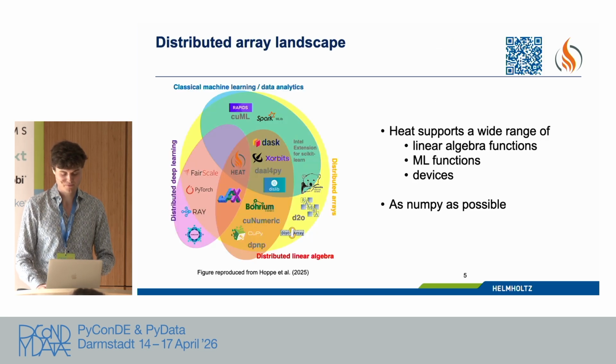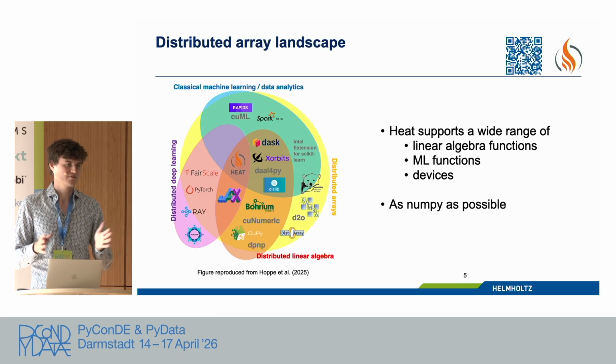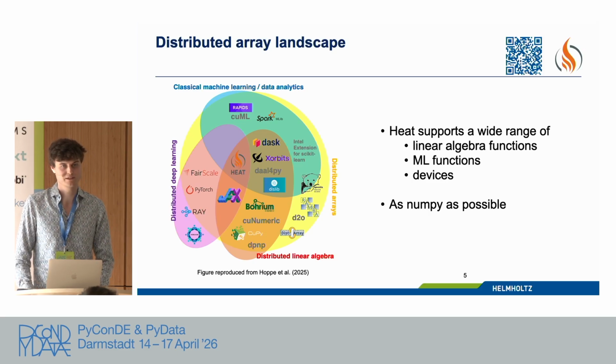Before we talk a bit more about the details of Heat, I want to mention that there is a lot of similar libraries available. So you probably heard this pitch before, like give us your NumPy code and we make it fast and distributed and GPU and everything. And it's not like Heat is fundamentally better than any of these in some amazing way.